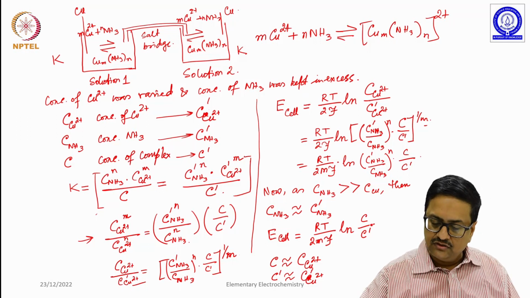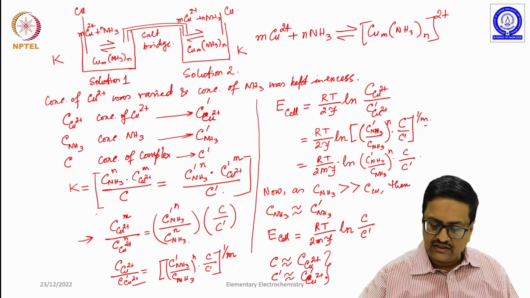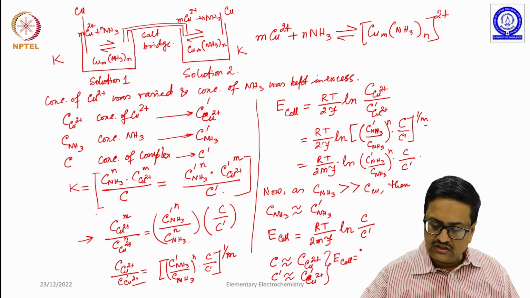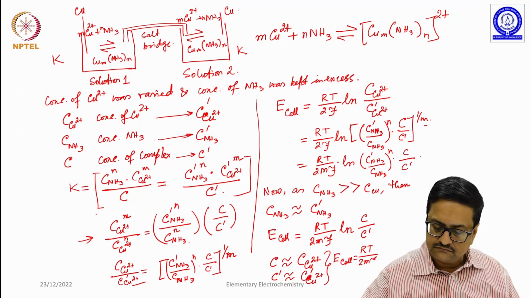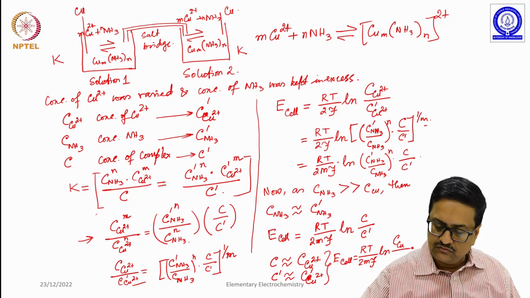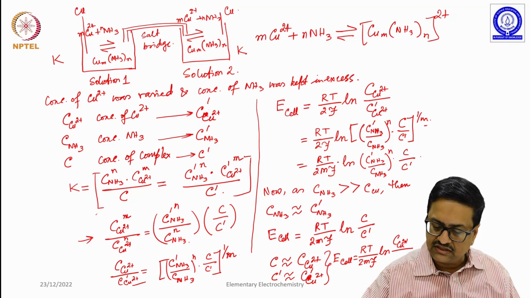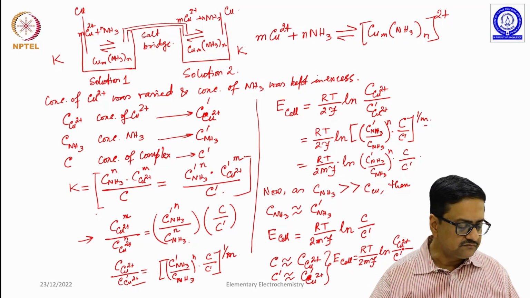As a result, this equation can then be further simplified as E cell equal to RT by 2mF ln C Cu 2 plus by C Cu 2 plus prime.